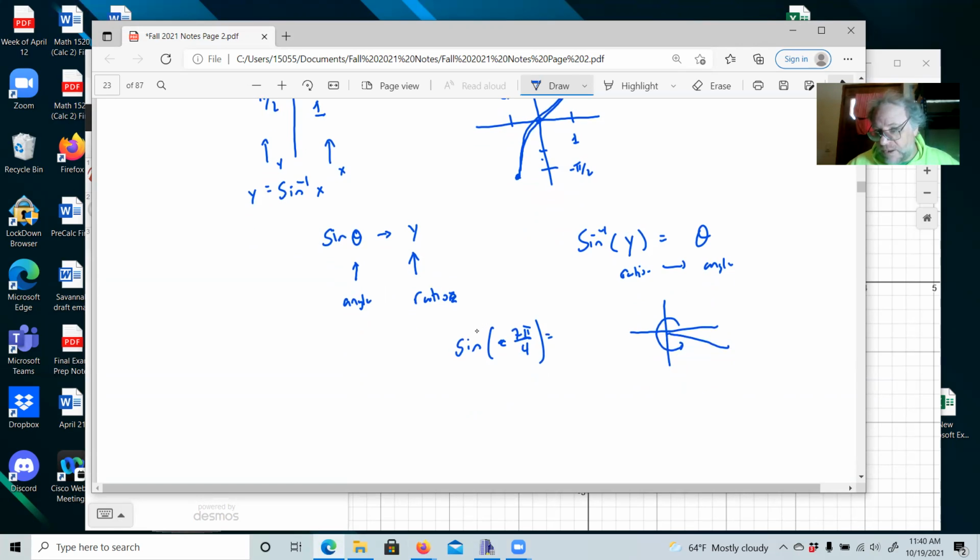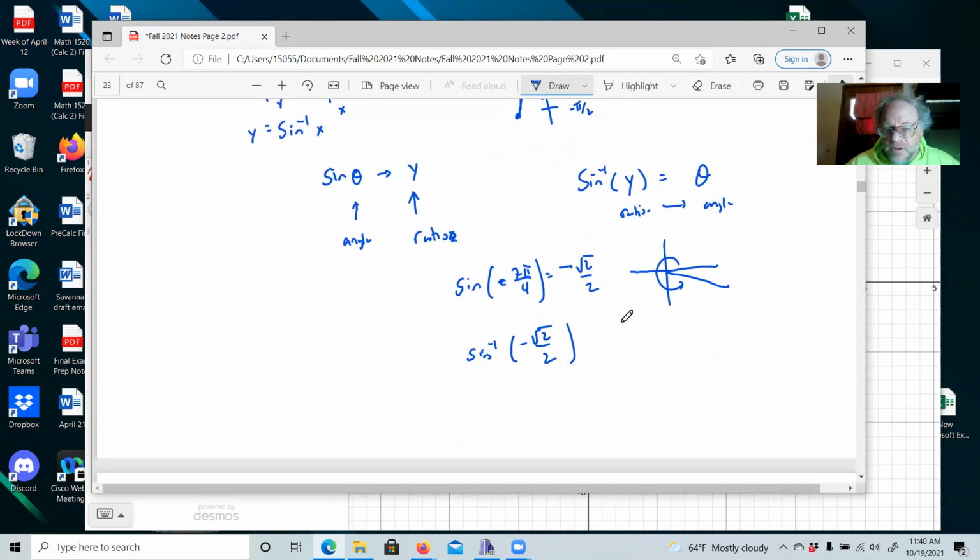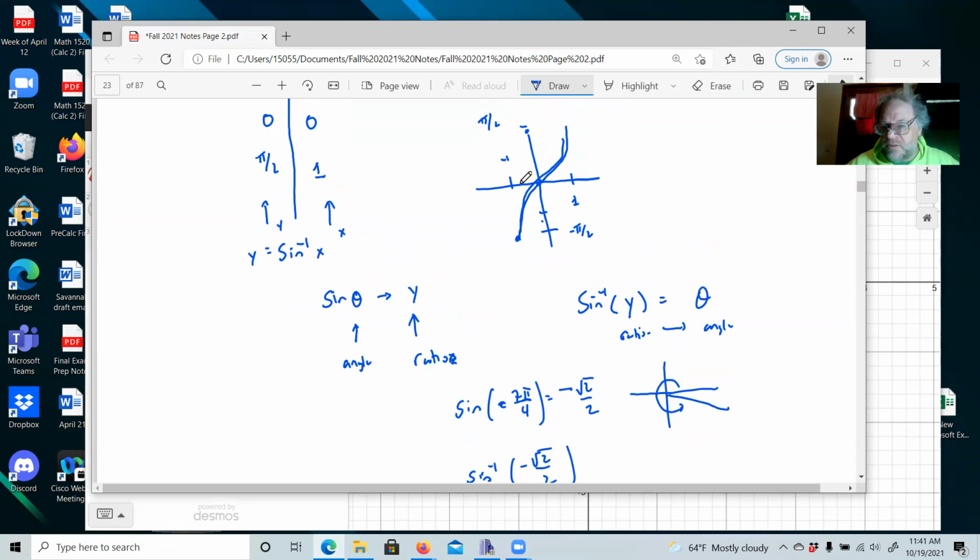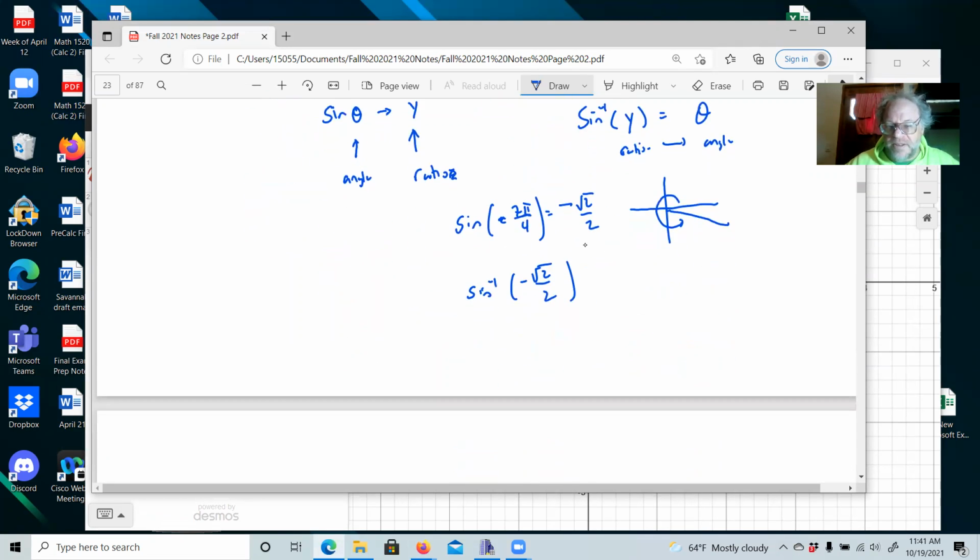In radians, we're going to get negative square root of 2 over 2. Now, if I feed negative square root of 2 over 2 to my inverse sine, take a look at what's going on. Negative square root of 2 over 2 is about 0.7-ish. I should have picked something in the third quadrant. I'm sorry. Let's pick it in the third quadrant.